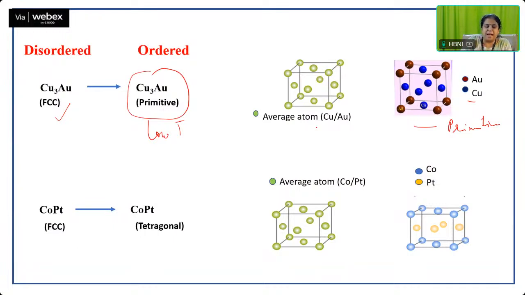The average atom is now 1/4 Au and 3/4 Cu. It converts to FCC. The primitive lattice converts to FCC lattice. So what has happened is an order-disorder phase transition. Similar is the example shown by cobalt platinum.